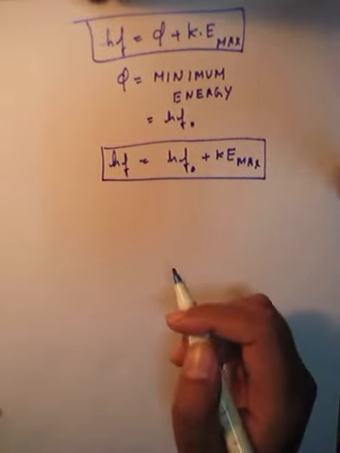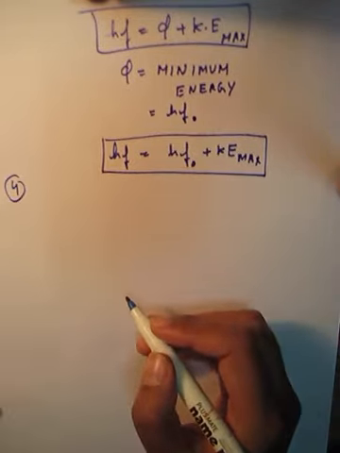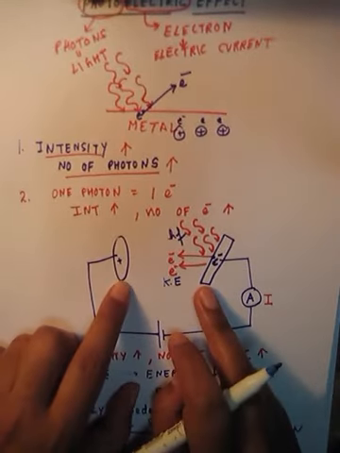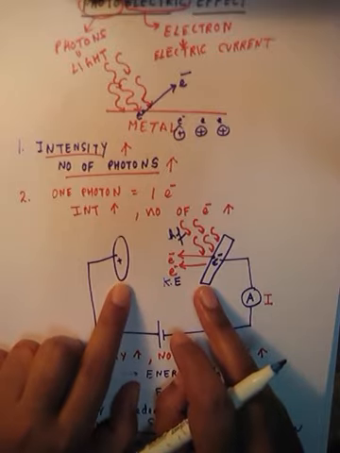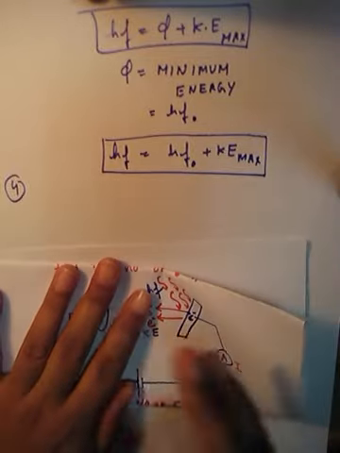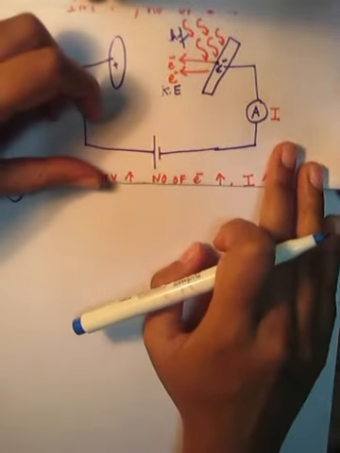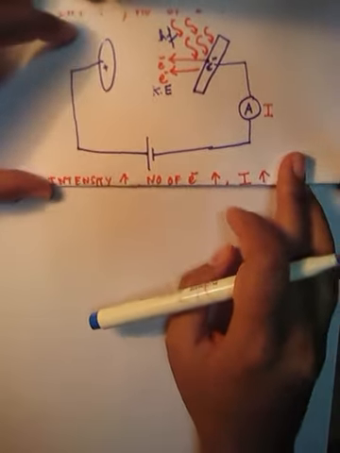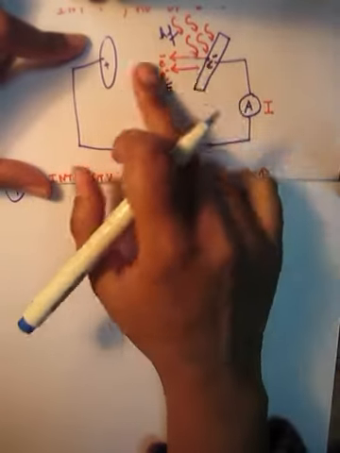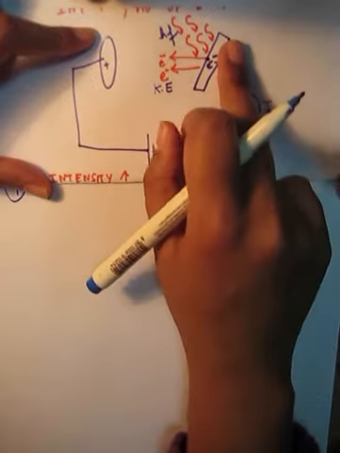Also, now there is another parameter, which is, let's say, the potential difference in the current. Now we're talking about the potential difference between these two plates. Okay, so you have this circuit, and we have just understood that if photons fall on this metal, electrons are ejected and a current is created.